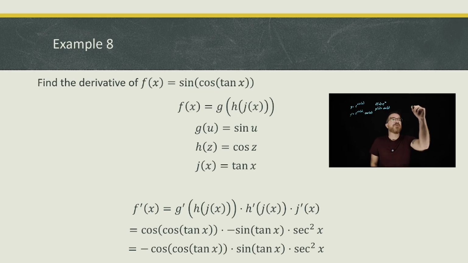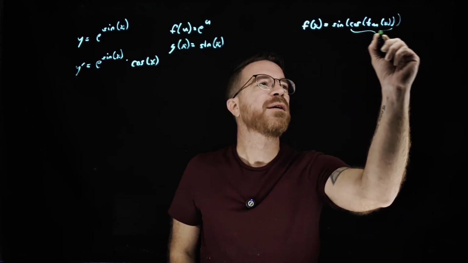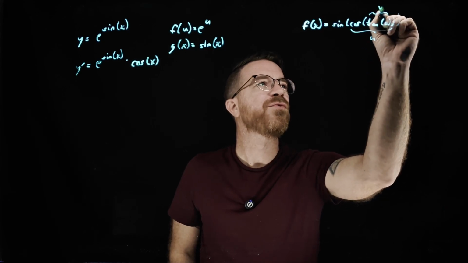What about if I have f of x is equal to sine of cosine of tangent of x? So in this case, I'm actually going to solve it a little bit differently, but basically doing the same thing. I'm going to say that this is u, and this, I'll call this v.